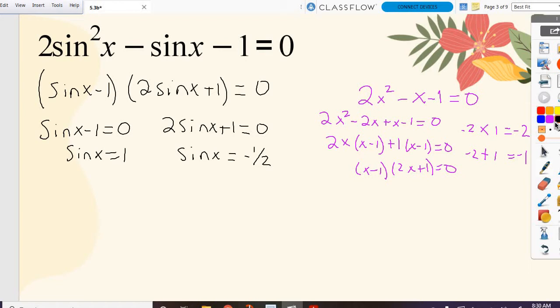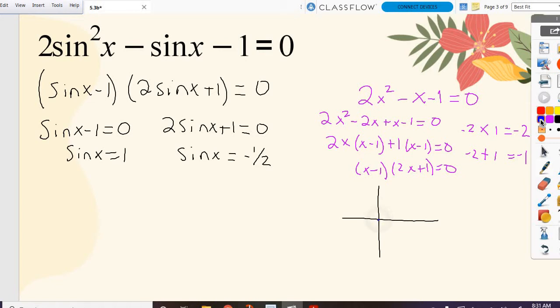Instead of plugging in an angle and looking for a number, I'm trying to work my way backwards and solve for x, which here is going to be an angle. So what angle, when I plug it in for sine, gives me 1 for my first one and -1/2 for my second one? The first way that we can look at these is to look at our graph.